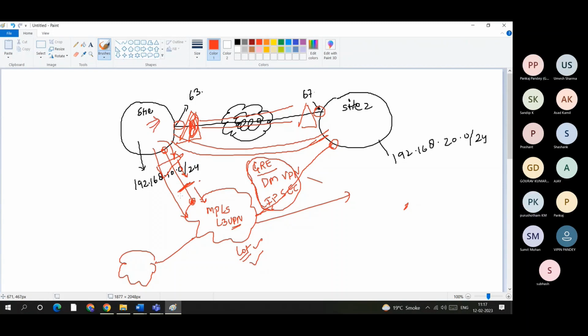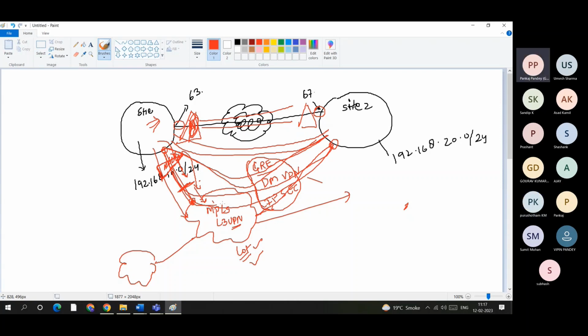But with MPLS, because you are directly advertising your private subnet to the MPLS cloud, if your SD-WAN solution goes down, your IPsec tunnel between these two sites is down, but your prefixes are still able to reach via MPLS.